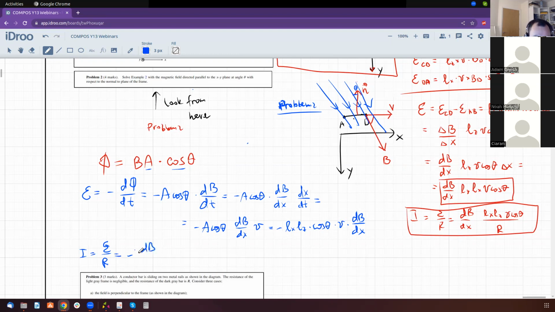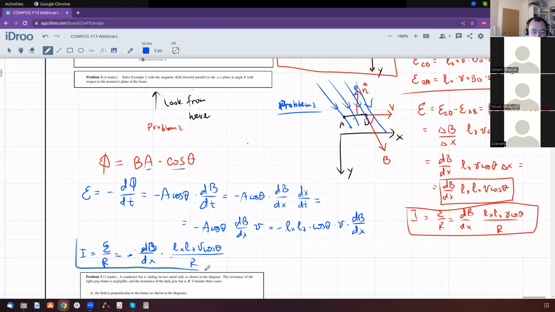Well, dB dx. The only difference is the minus, which doesn't really mean anything, because what does the minus mean? Which way is positive? Like you have a loop with wire, cos theta. How do you tell which way is plus and which way is minus? You don't really have a way of saying. So the answer is the same.